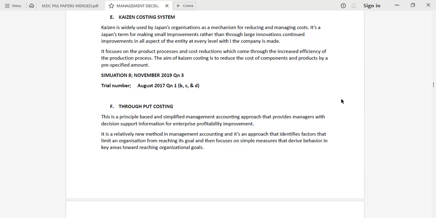So with Kaizen costing, what this means is that we want to make small improvements in our processes, especially the production process, so that we can have improved efficiency, and therefore keep making these small innovations every time rather than doing larger innovations.